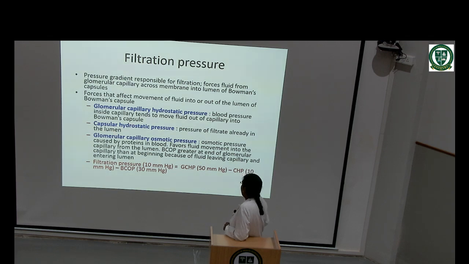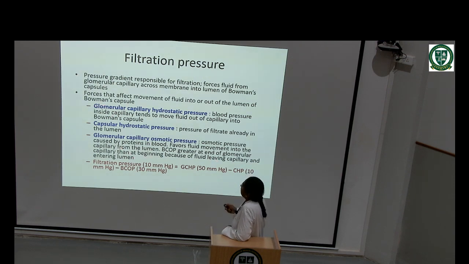It is around 10 mmHg. Third is glomerular capillary osmotic pressure. It's 30 mmHg, which is also called Bowman's capsule osmotic pressure, which is greater at the end of the capillary than at the beginning because of fluid leaving the capillary and entering the lumen.